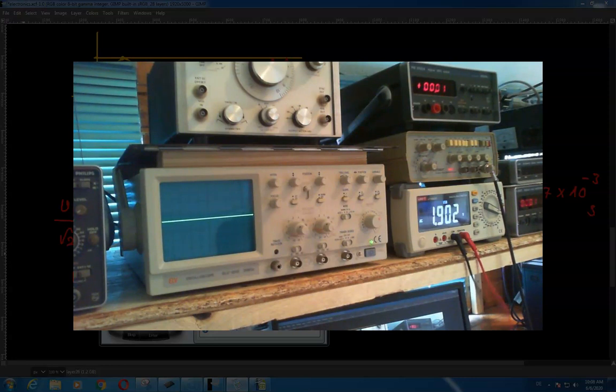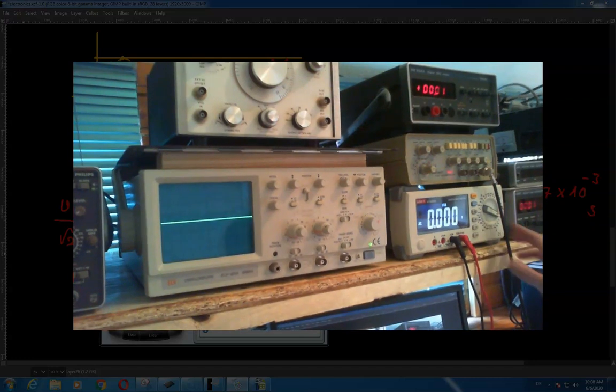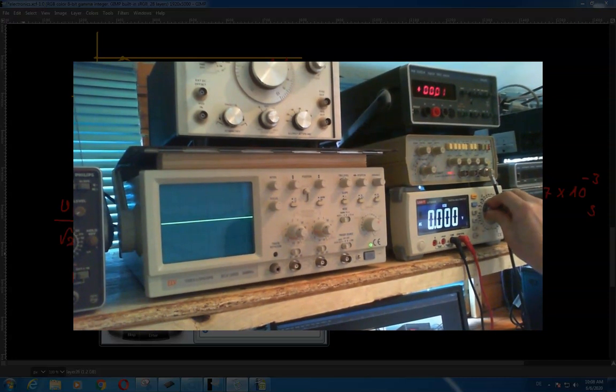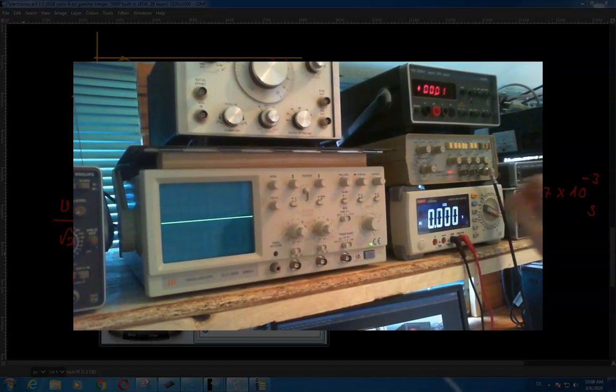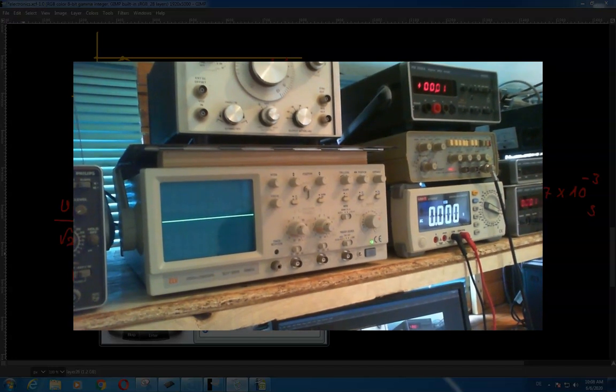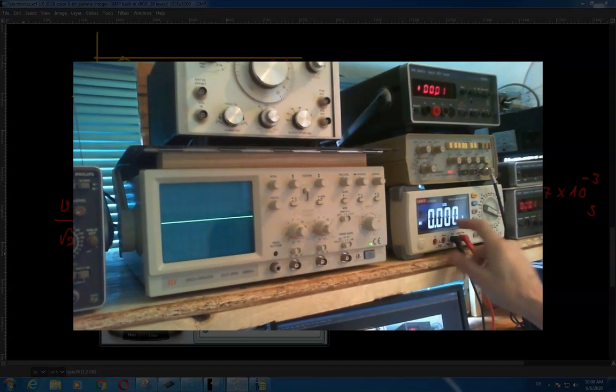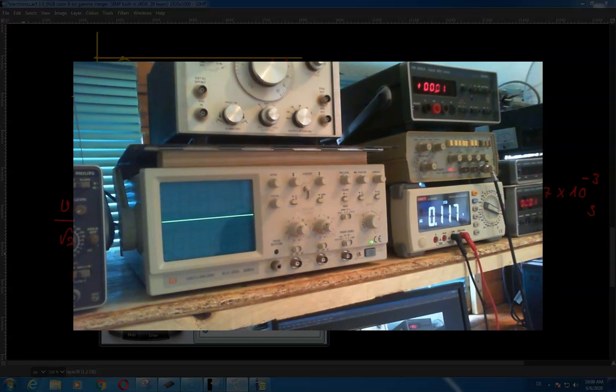For example, 15 kilohertz, I'm not really sure that it can even see anything. When you measure the voltage, on 20 volts AC, you can see that I can't read anything over here, right?